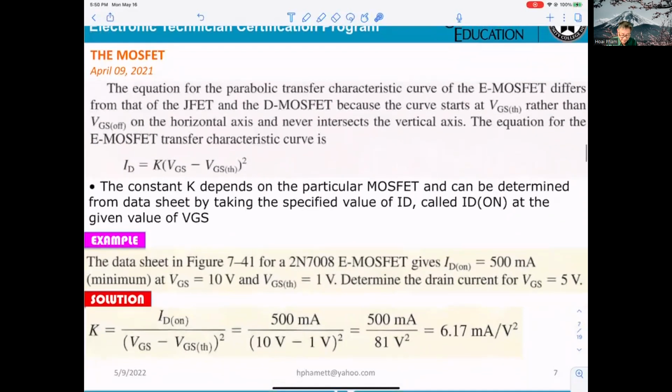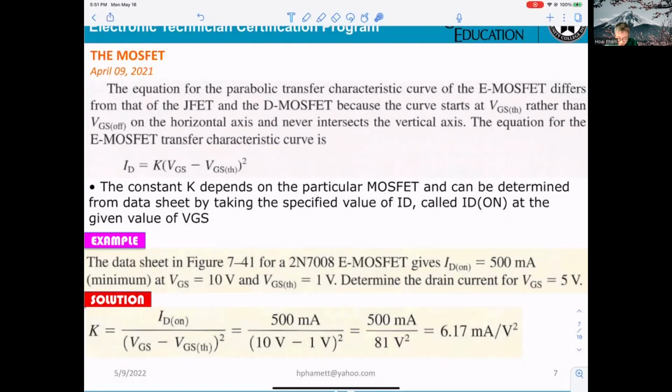Now, the equation for the parabolic transfer characteristic curve of an E-MOSFET differs from that of the JFET and the D-MOSFET because the curve starts at VGS(th) rather than VGS(off) on the horizontal axis and never intersects the vertical axis.